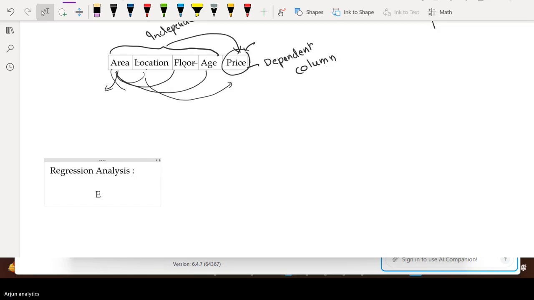Estimating the relationship between independent and dependent columns.